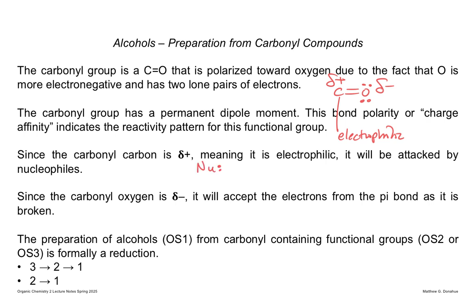So if we have a nucleophile supplying electrons, those electrons are attracted to the delta positive carbon. So that's going to form a nucleophile-carbon bond. And then we break the pi bond and push electrons onto oxygen because it's delta minus already.